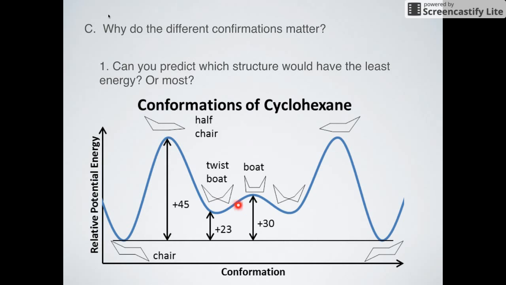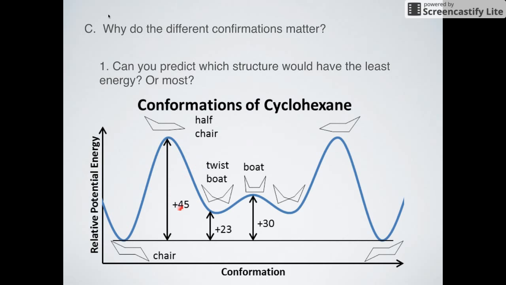If we're going in order, the chair structure has the least energy. Twist boat has the second least. Boat has a little bit more than the twist boat, and you can picture again those hydrogens are really interacting with each other in a boat formation. But again, without a doubt, the half chair is the winner here. It has the most energy.